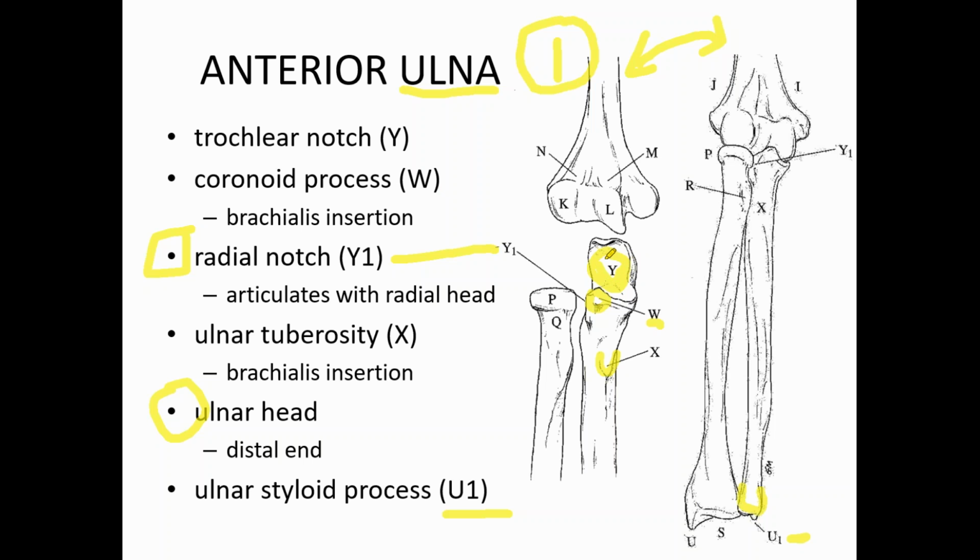But normally, hopefully, your elbow is not dislocated and we cannot see the trochlear notch because it is hidden. The trochlea of the humerus fits into it, like in image number 2. Does anyone remember what this round part of the humerus was that articulates with the head of the radius?